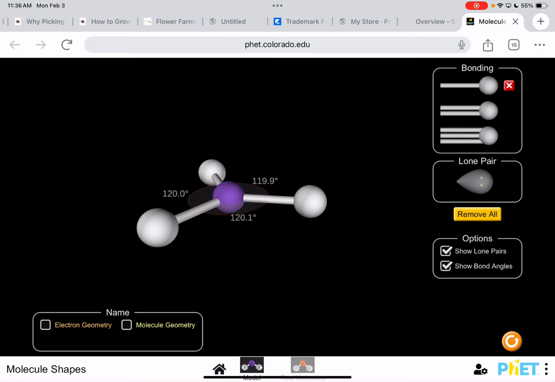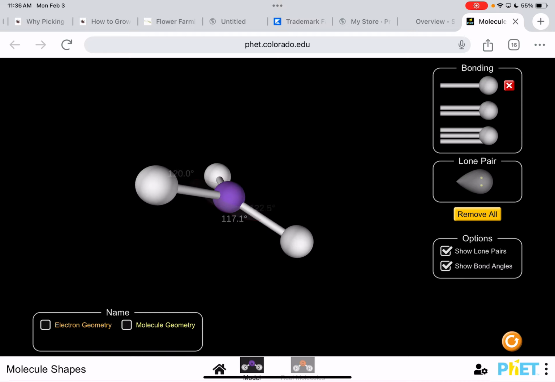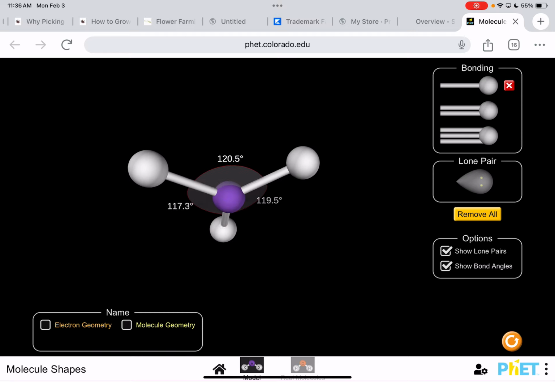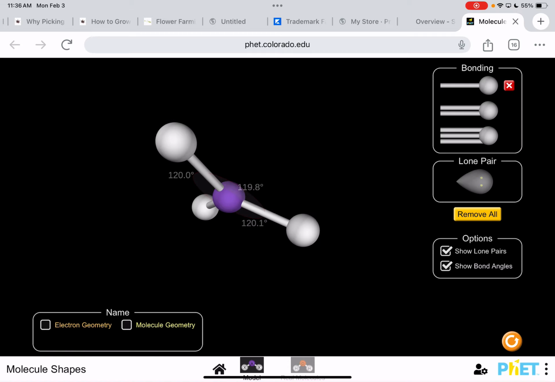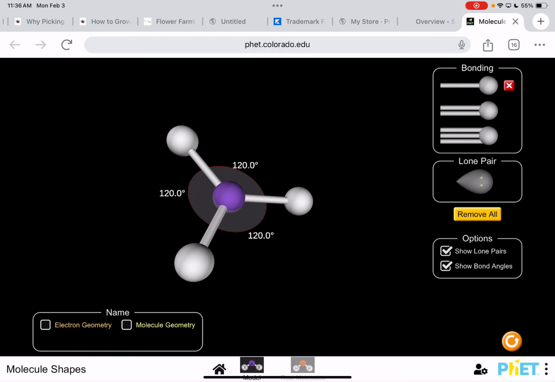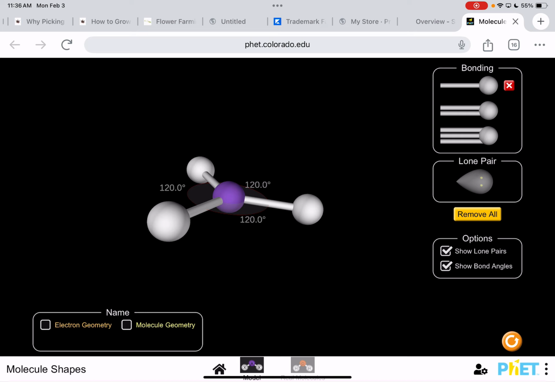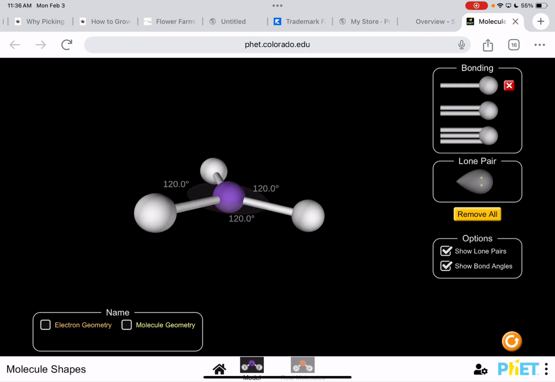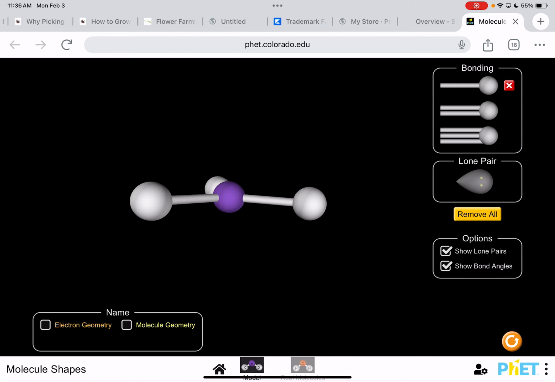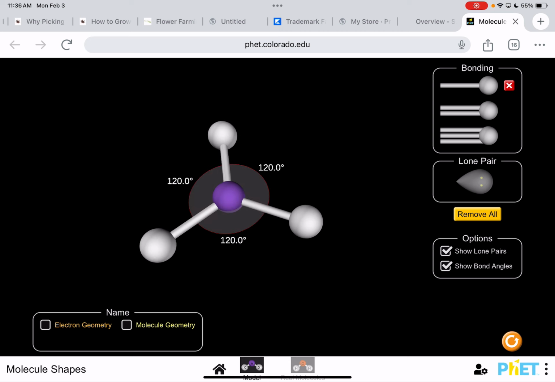Yeah, if I try to push an atom down, it just pushes it back to its desired location so that they're as far apart from each other as possible. It's because the bonds are made of electrons, right? So they're repelling each other. So it is a flat surface, a plane, and there are 3 of them, so we call it trigonal planar.